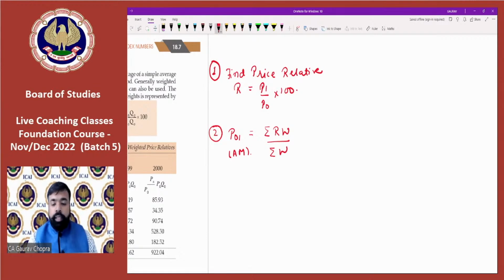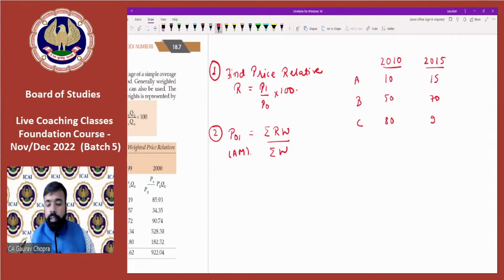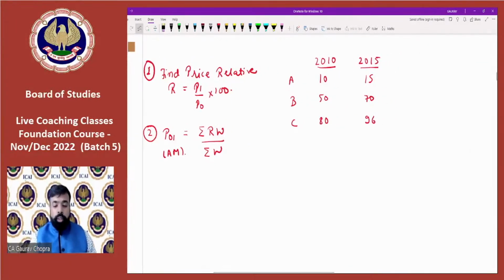So we can take year 2010 and then 2015. This is given. Prices are given for commodity A, B, and then C. 10 and then 15, 50 and then 70, 80 and 96. All these are given.